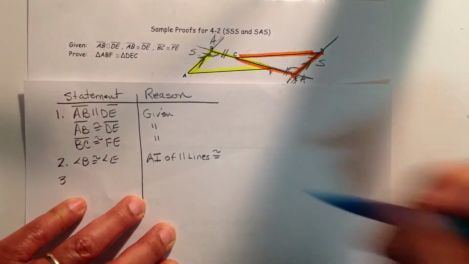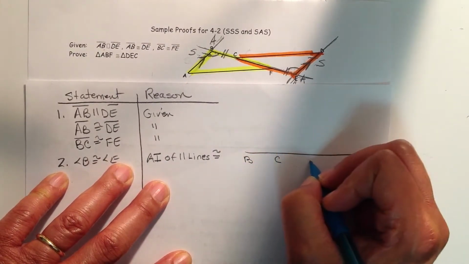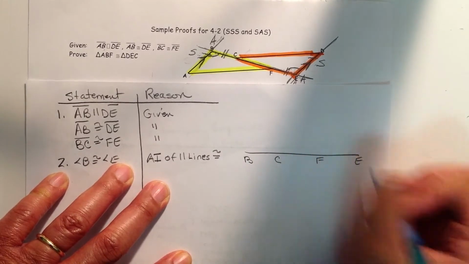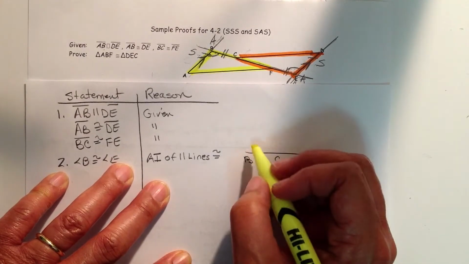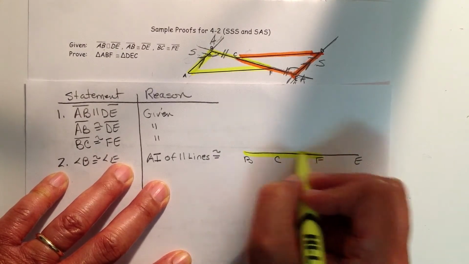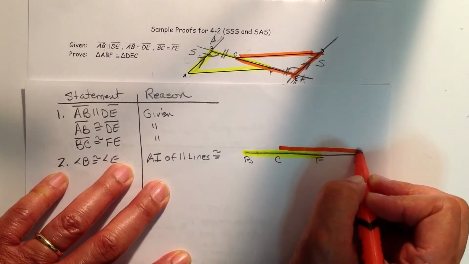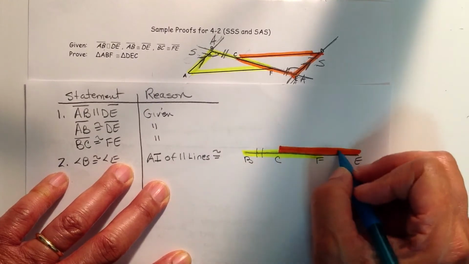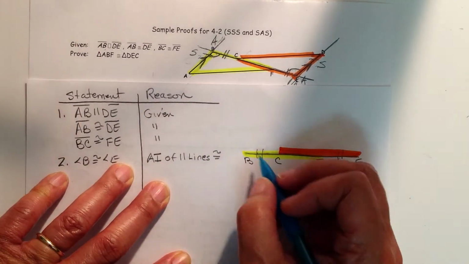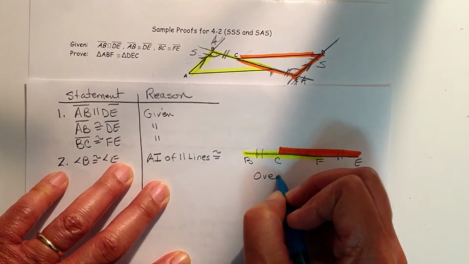So let me just pull that segment out. And this is B, C, F, E. And I've got one part of the one triangle, ABF, is right here. That's that side. And then CE is the side of the other triangle. And what I realize is that I've got two segments here that are congruent, but they are congruent parts of overlapping segments.